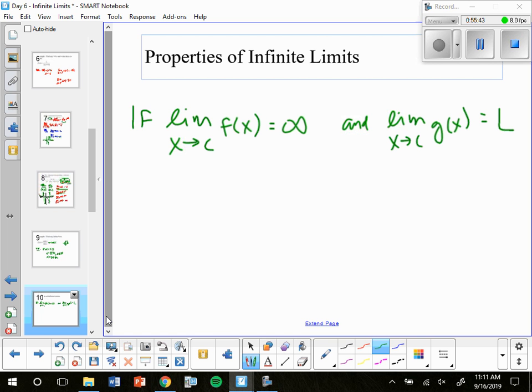If these things are true, then we're going to figure out what else is true. So do you see that the limit as x goes to c of f of x does not exist? It's just getting bigger and bigger and bigger. But the limit as x goes to c of g of x does exist. It's approaching some value L.